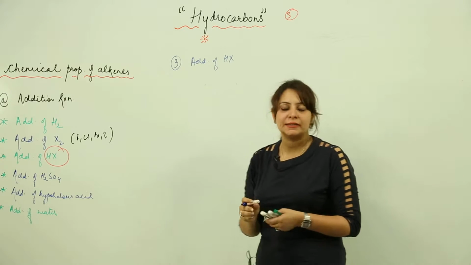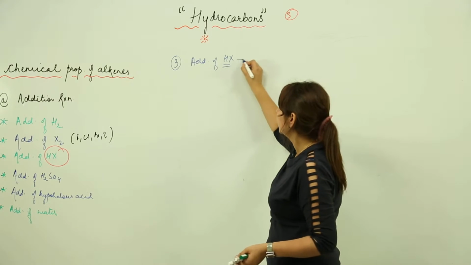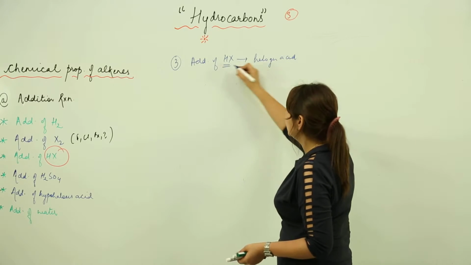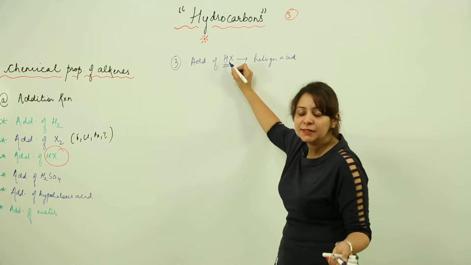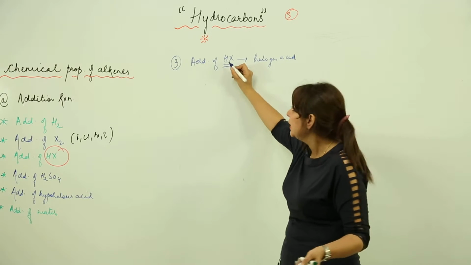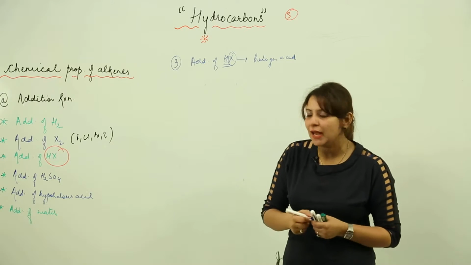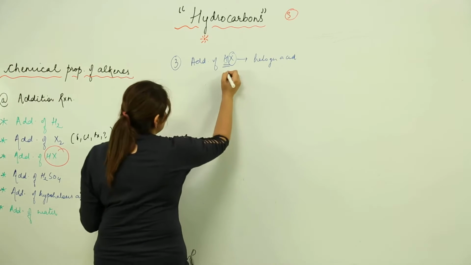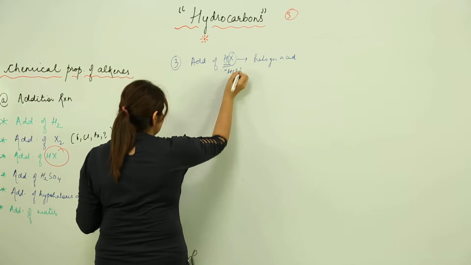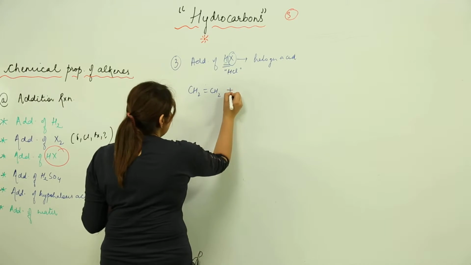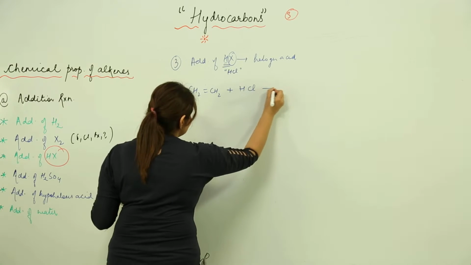What is HX? HX is a halogen acid. This is an acid, obviously, since any substance which possesses H is an acid, and X refers to fluorine, chlorine, bromine, iodine, that means it is a halogen acid. Let's take an example, HX as HCl. So this is my ethene, I am going to add HCl to it.